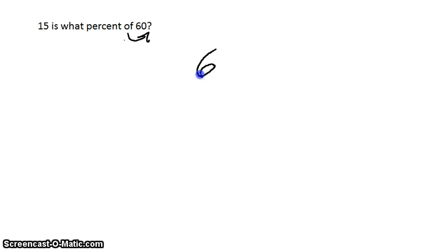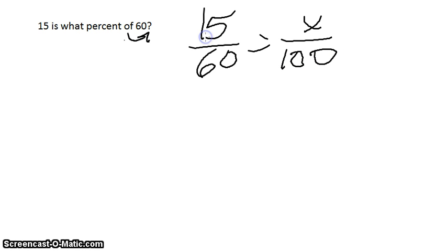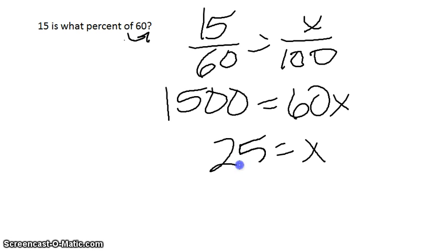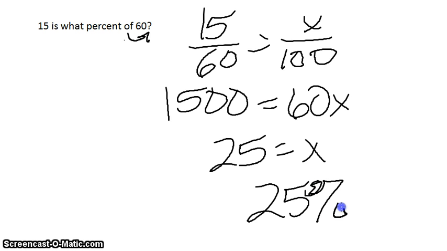So 60 is going to be our whole, and we're looking for our percent, so that means 15 must be our part. So again, cross multiplication, I get 1500 equals 60x. So x equals 25. So 25%, 15 is 25% of 60. So those are the different ways you can use proportions.